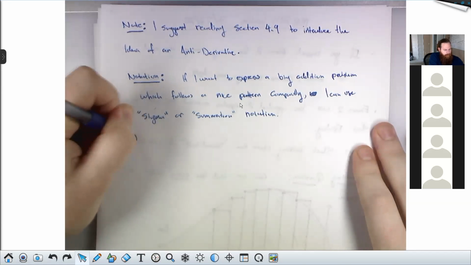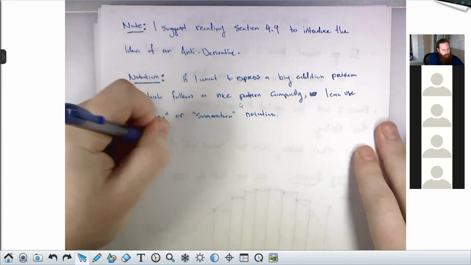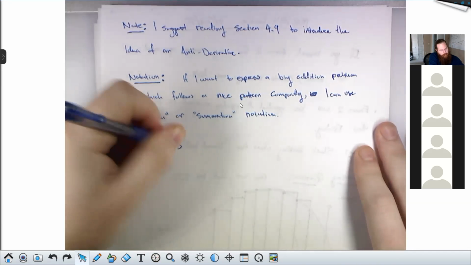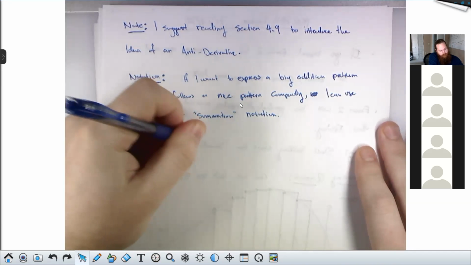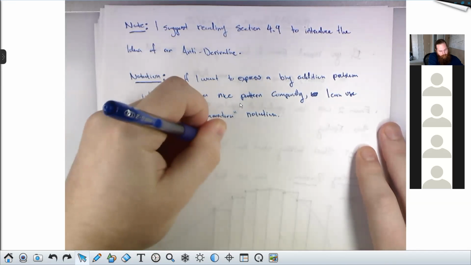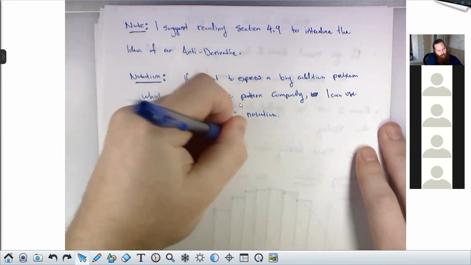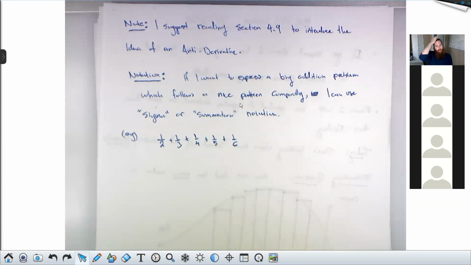So here it is. If I wanted to express the sum 1/2 plus 1/3 plus 1/4 plus 1/5 plus 1/6, what I notice here is that the numbers downstairs are consecutive, right? 3 comes after 2, 4 comes after 3, 5 comes after 4, and I've got everybody between 2 and 6 here.